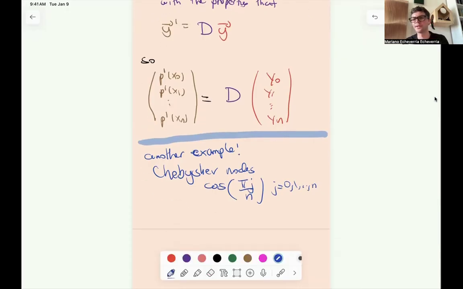Those were the points, the x values, where the Chebyshev polynomial of degree n would achieve values plus or minus one.